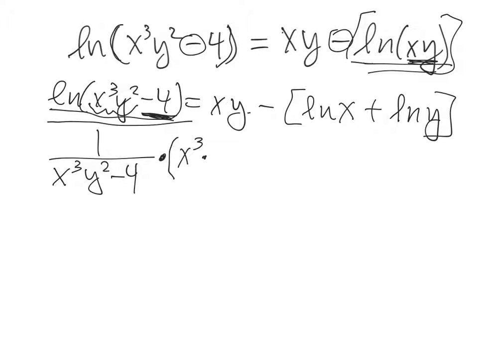So x cubed times derivative of y squared would be 2y dy by dx. And plus derivative of the first times the second. Okay. That would be the derivative of our natural log on the left side of the equation. Questions on that part of it?